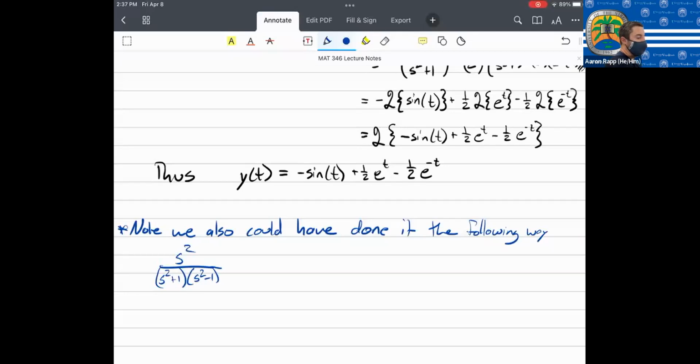S squared plus 1 and S squared minus 1. And one of the things that some of you recognized on Wednesday was that I could have potentially just left that second part of the denominator as an S squared minus 1.